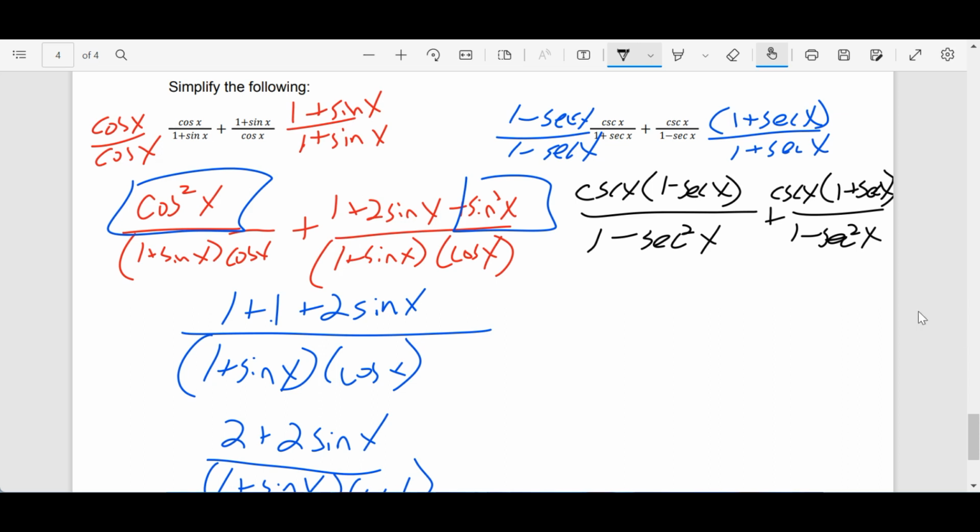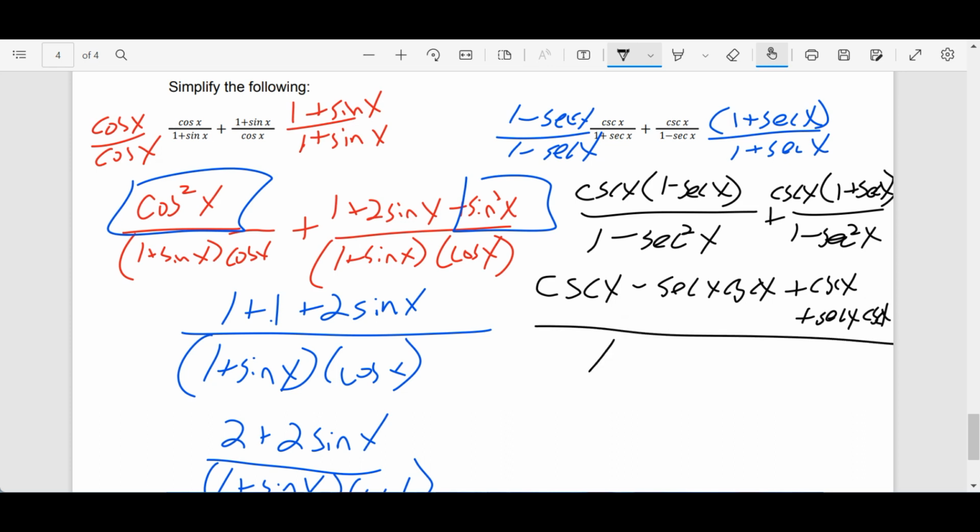So if I distribute the cosecant x to both terms, that actually is going to help me a lot more, because that's going to combine what we have. So it'll be cosecant x minus secant x cosecant x plus cosecant x plus secant x cosecant x.